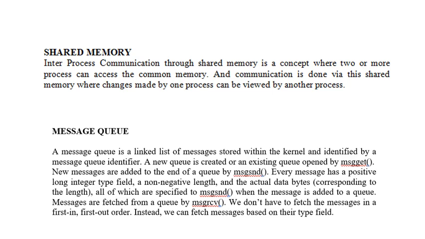The message queue also uses different system calls, as I have shown on the screen. Normally, first ftok is used to generate a unique key. Next, msgget is also a system call, which returns the message queue identifier of a newly created or existing queue. With msgsnd, data is placed onto a message queue.